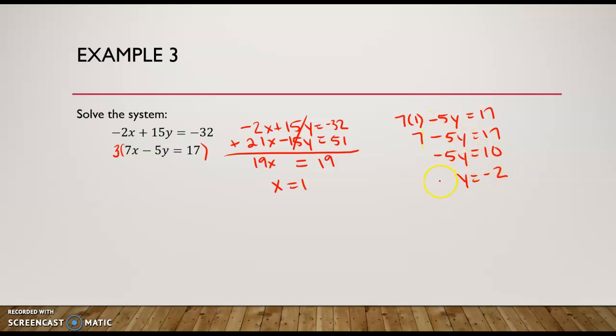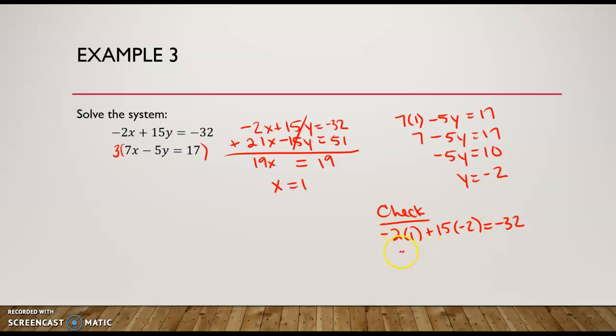From here, I plugged it into the 7x equation, so I'm going to check it in my other equation. So I'm going to do negative 2 times 1 plus 15 times negative 2, and that should give us a negative 32.